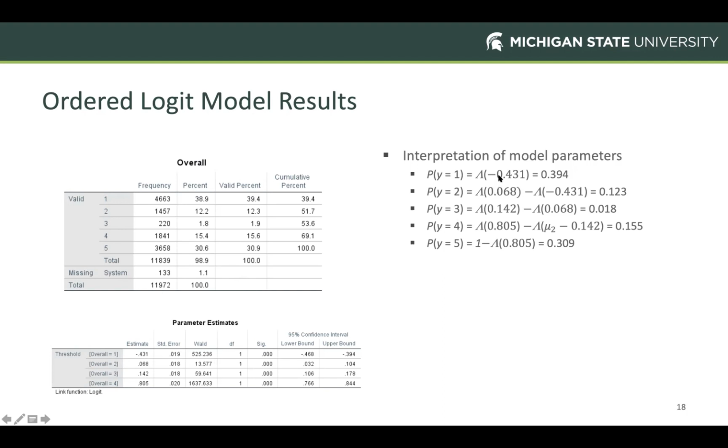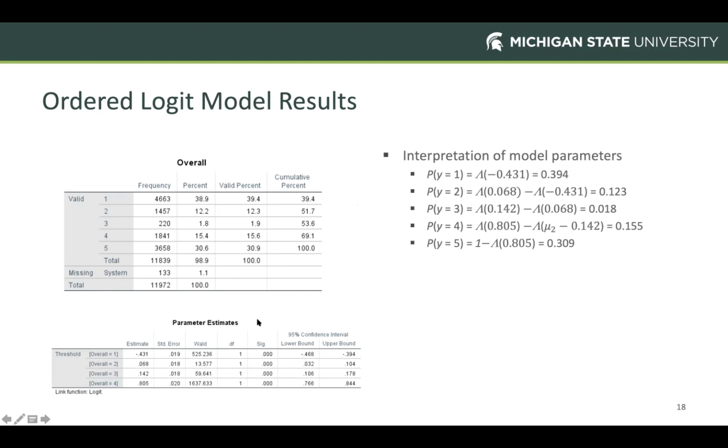And as you can see up here, if we apply and calculate the cumulative logistic distribution function for that first threshold, that exactly matches that 39.4% we see right here. Likewise, as we look at the probability of somebody opposing, being neutral, slightly in favor, and strongly in favor, those probabilities also exactly match as we see right here, okay? And so again, all this model is doing in the simplest case is telling us where these thresholds lie, okay?